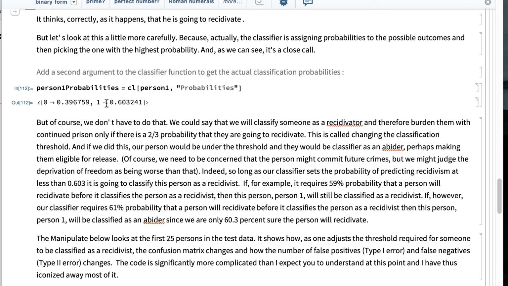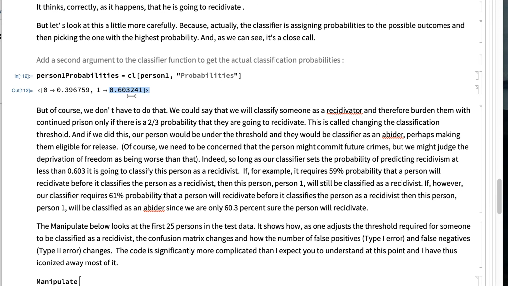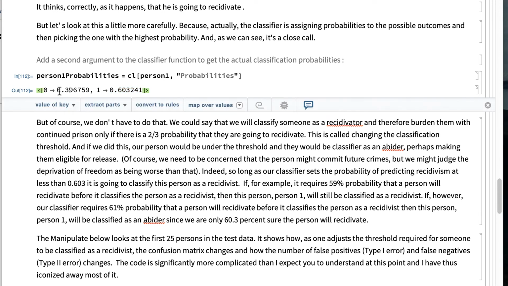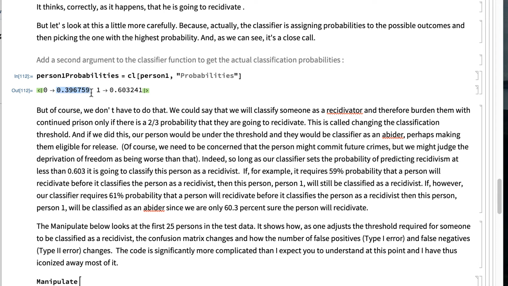It's saying the probability the person's going to recidivate is 0.603, and the probability that they're going to abide is 0.396759. So if we have a threshold of 50-50, this person is over the threshold for recidivism, and therefore the best prediction would be that they're going to recidivate.